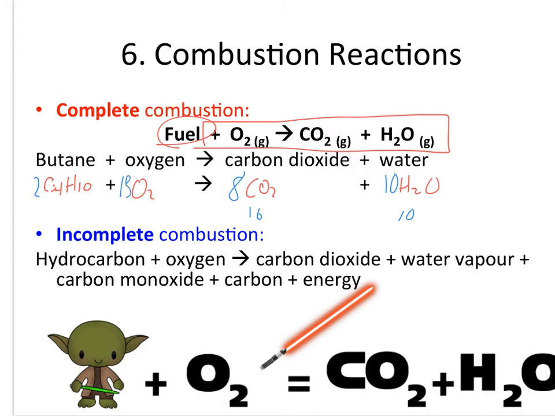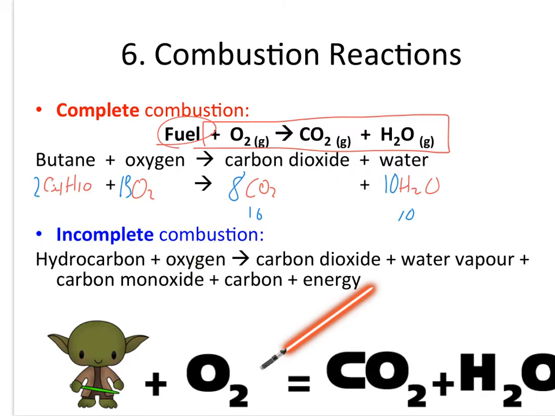In incomplete combustion, which we're not really going to be looking at too much, we have the hydrocarbon, which is our fuel, plus oxygen. But the difference between here and here is that the ratio of oxygen to fuel is not precise. It's not exact. Depending on what the actual fuel is, you're going to need a certain amount of oxygen atoms for every molecule of fuel.